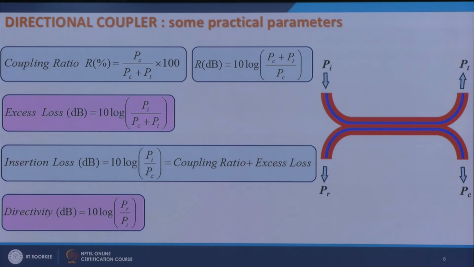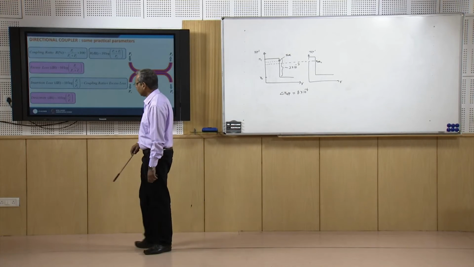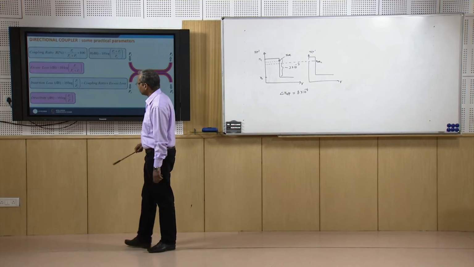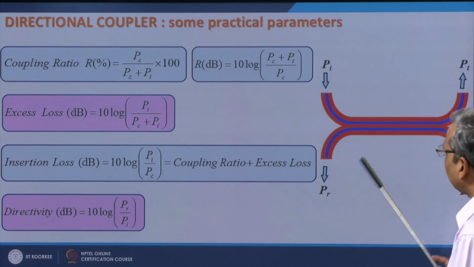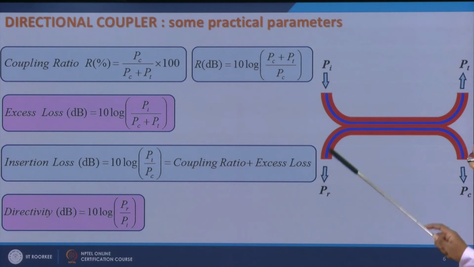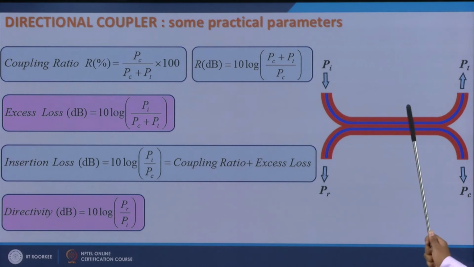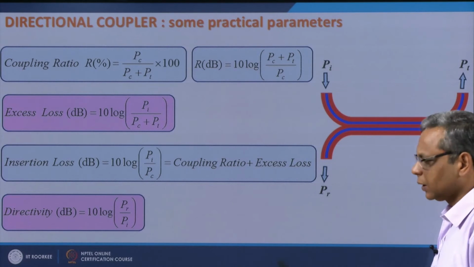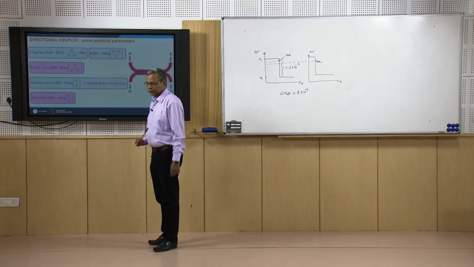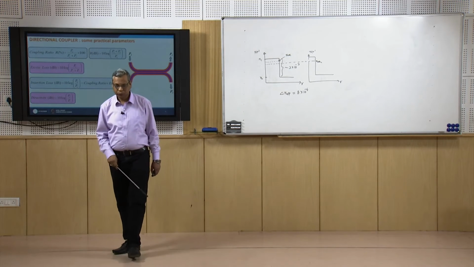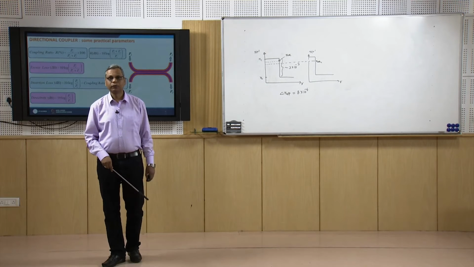Then another important parameter of a directional coupler is the directivity, which is defined as 10 log PR over Pi. That is the measure of how much power comes back. We want that all the power should go in the forward direction. So, this defines how much power comes back. The larger the power that comes back, the poorer is the directivity of the coupler.